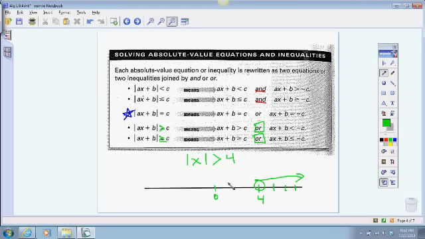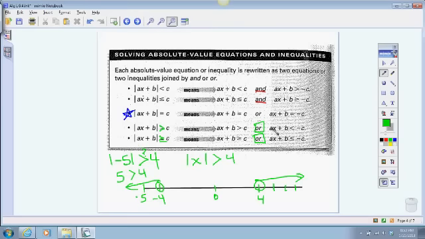It also means that our absolute value has to be outside of this negative 4. Because if I took the absolute value of a negative 5, would that be greater than 4? Sure it would. The absolute value of a negative 5 is 5, and 5 is greater than 4. So we have to talk about all the values on the outside of 4 and negative 4.